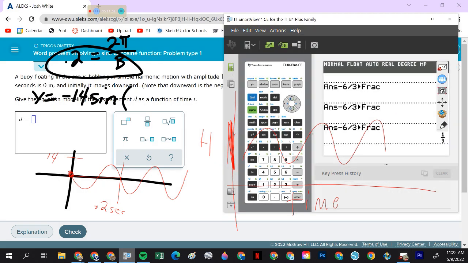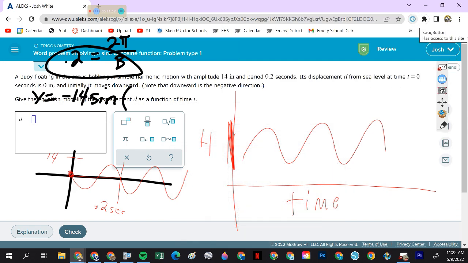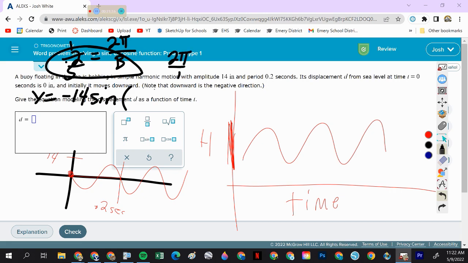So, oh, well. So 0.2 is the same as 1/5. It'll be easier to do it this way. So this is 1/5. So we get 2 pi over 1 divided by 1/5. Flip the period, or sorry, b is 10 pi.